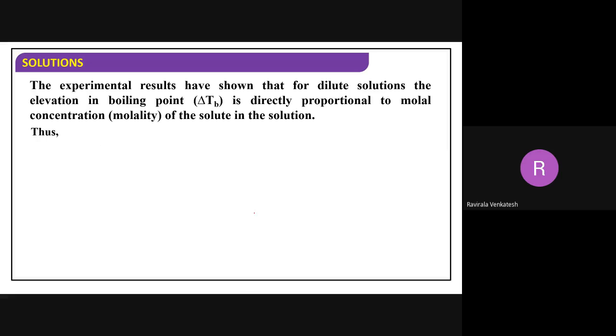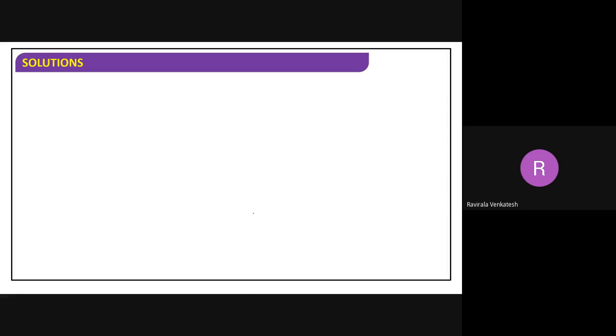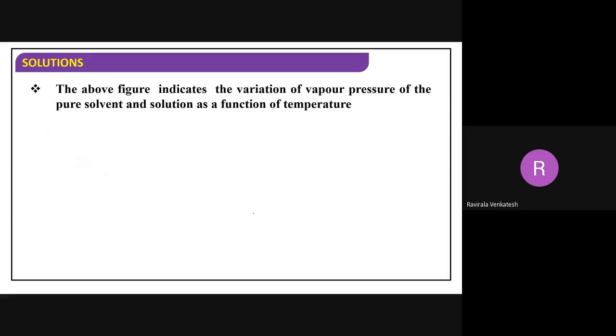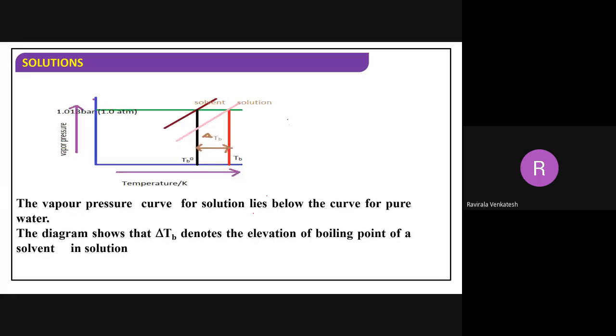Now, first of all, again I am taking the same experiment, beta. I have taken some amount of water.